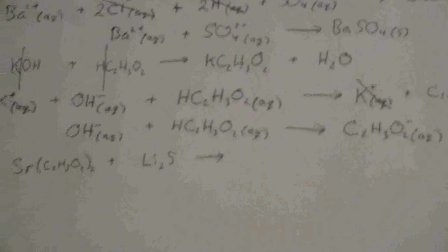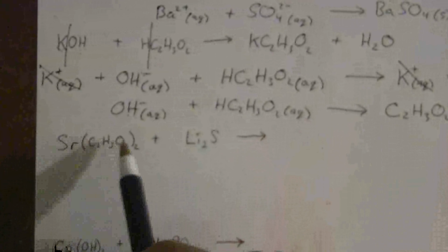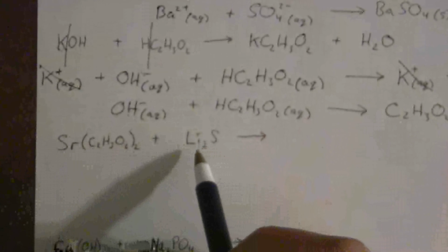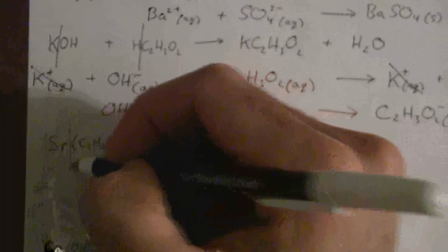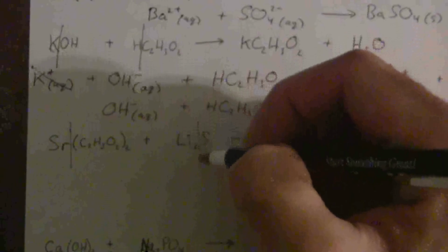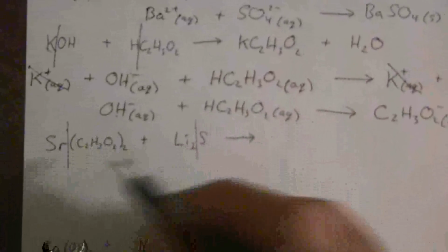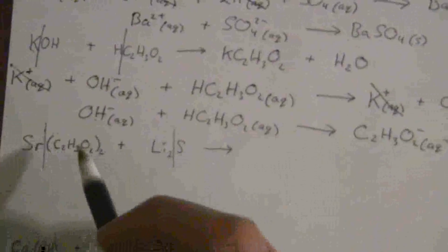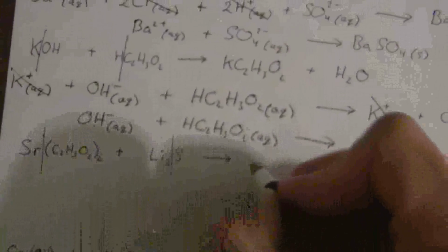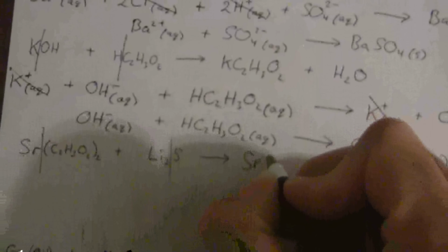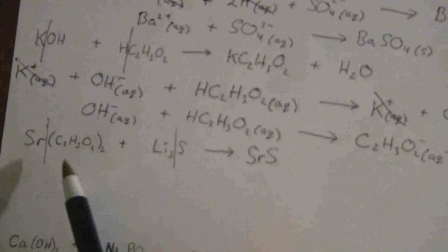All right, getting a little bit cramped on space, but we'll continue here. Strontium acetate plus lithium sulfide. Same process. We'll split this up into cation and anion for each of these ionic compounds. Do our double displacement. Strontium sulfide, +2, -2, so that's just going to be SrS. Not talking about an airbag.